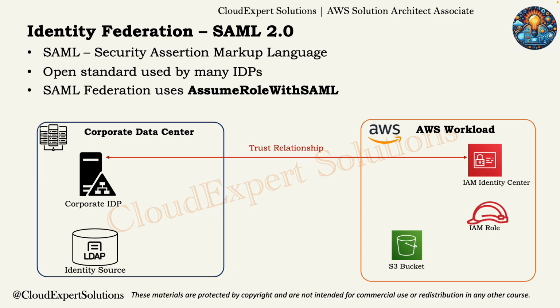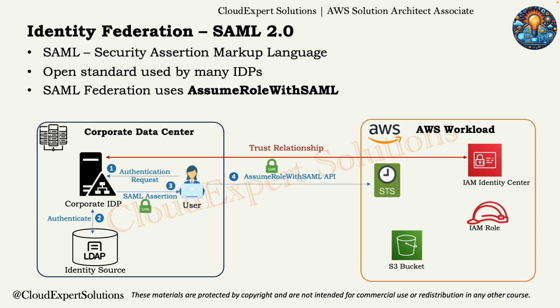In the process of identity federation, corporate users will send authentication request to the corporate IDP through the web application. The corporate IDP will authenticate this request using the identity source. And if the authentication is successful, the corporate IDP will send a SAML assertion token to the user.